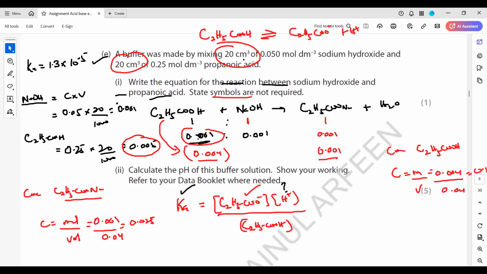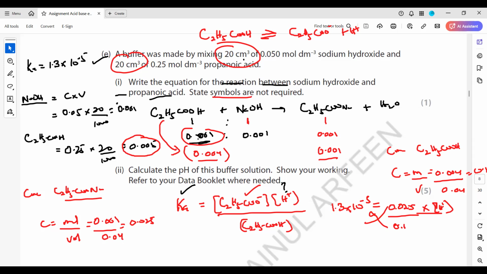Now we just substitute the values. Like the K is a dissociation constant, which is 1.3 into 10 to the power minus 5. The concentration of the propanoate was 0.025. The concentration of acid was 0.1. And the concentration of hydrogen ion is unknown. That is what we are finding. So just cross multiply.